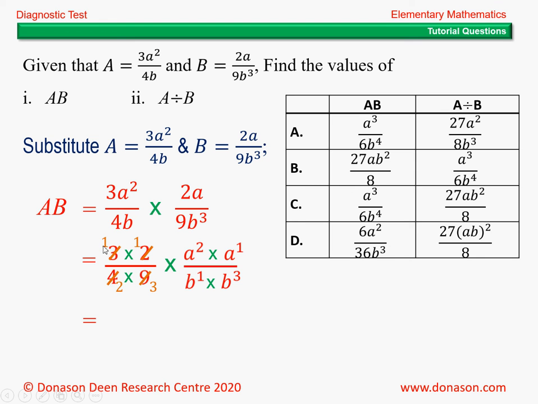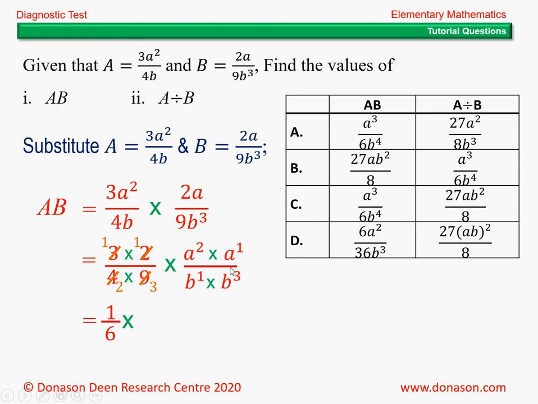So on the numerator we have 1 times 1, which is 1, and in the denominator we have 2 times 3, which of course becomes 6. What about the a squared? A squared means a times a.